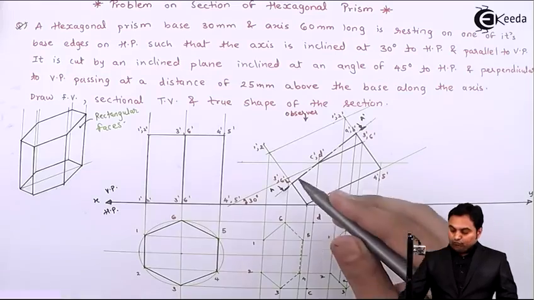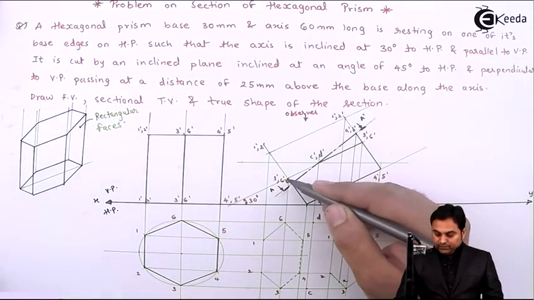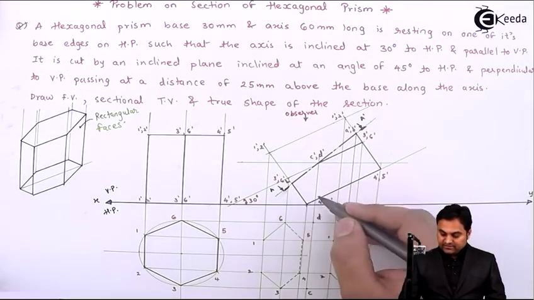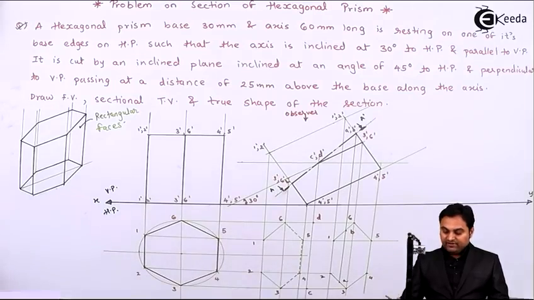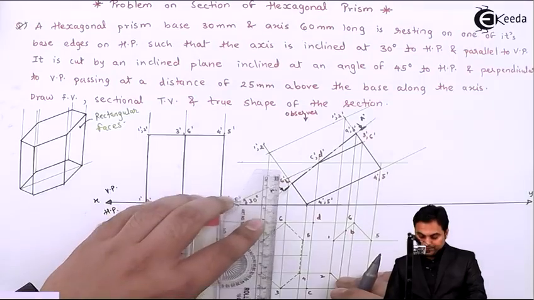At last, when we see this end of the cutting plane, it is again cutting two edges, and those edges are 3 dash 4 dash and 6 dash 5 dash, because 3 4 and 5 6 are connected. So projecting the point downwards.